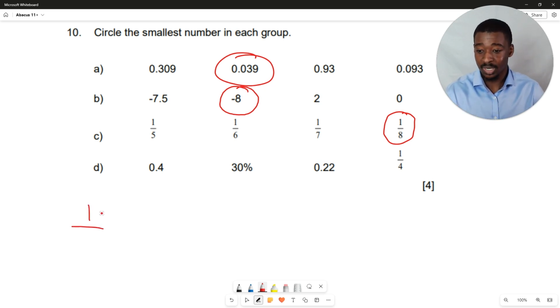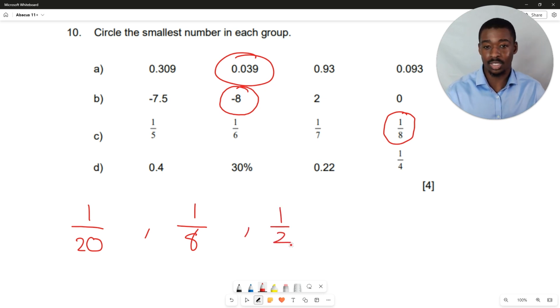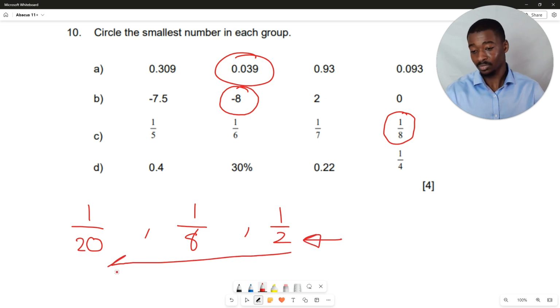Because you split that one pizza into 20 slices rather than splitting it into 8 slices or 2 slices. So you can see as the number on the bottom, the denominator, gets bigger, the size of your pizza slice gets smaller. So here the smallest number is 1/8, an eighth.